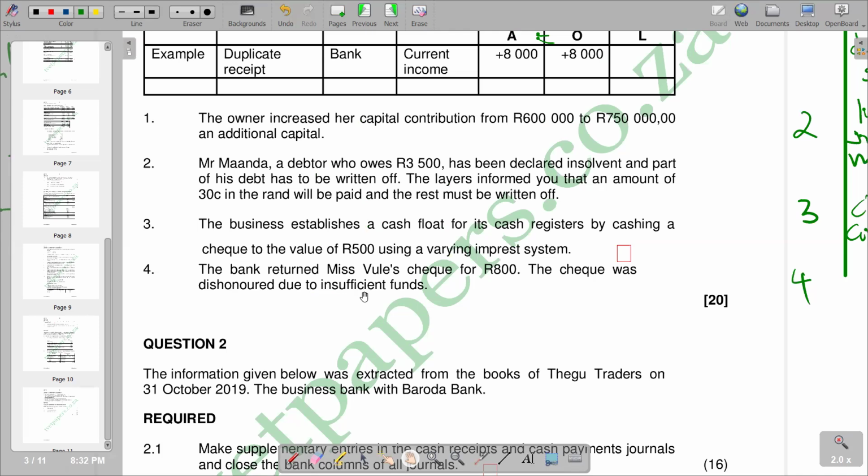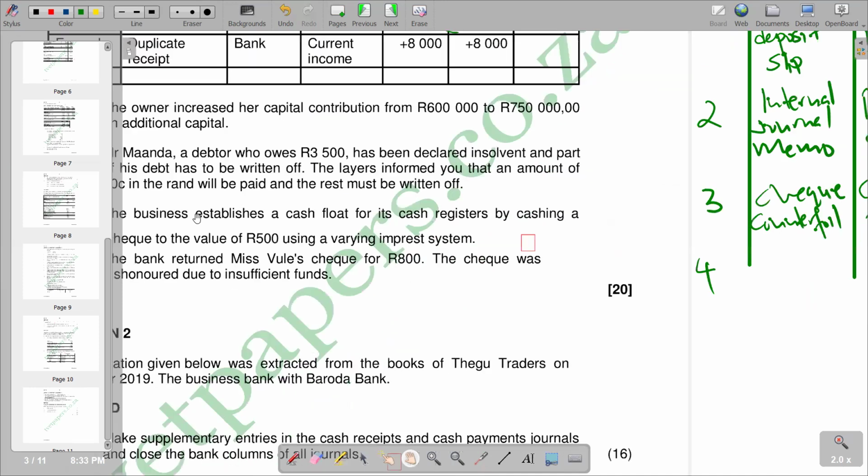At first we debited bank and credited the debtors account, which is Miss Vule. But now it's dishonored. When it's dishonored, it means it was rejected at the bank. So we need to reverse that transaction by crediting the bank and debiting the debtors control. That's the reverse double entry that is now involved.